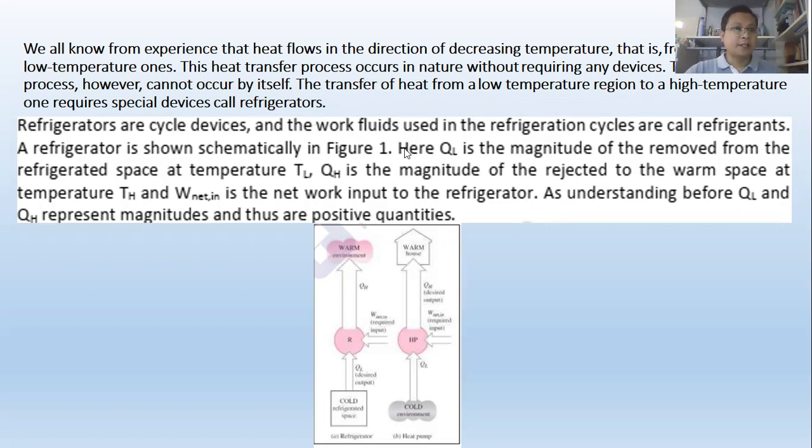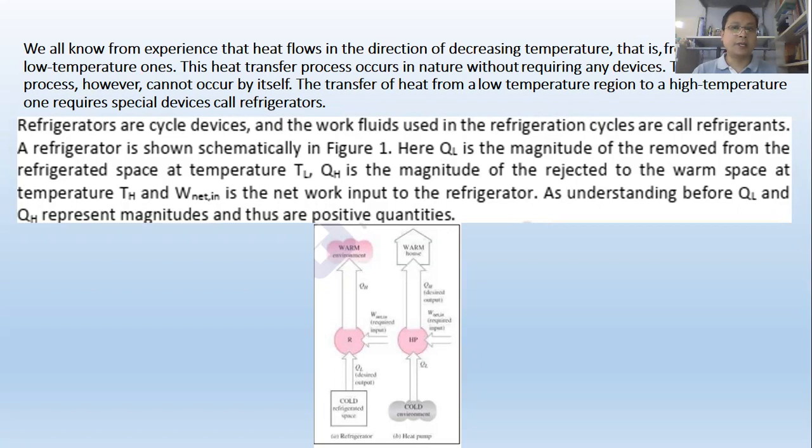So as we know, the flow of refrigeration is from high to low, and then the cycle returns from low to high and then high to low again. This process cannot happen naturally, it should be forced by a device.